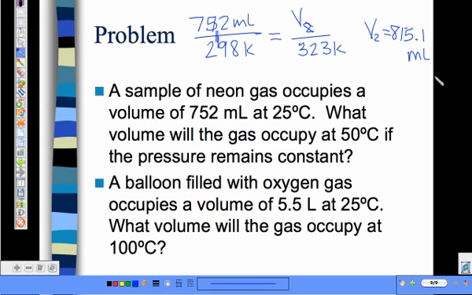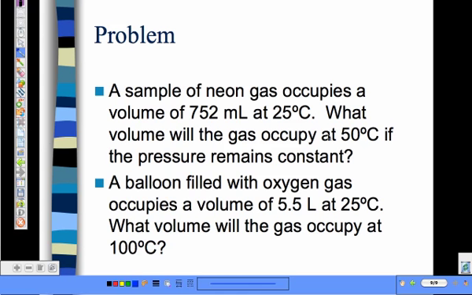And the next one, a balloon filled with oxygen gas occupies a volume of 5.5 liters at 25 degrees Celsius. What volume will it occupy at 100 degrees Celsius? So what's our first volume? Right, and I can use 5.5 liters. It doesn't matter what our volume units are, as long as they're the same on both sides. 25 we already know is 298 Kelvin.